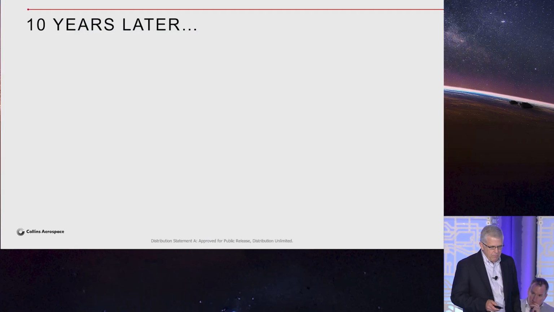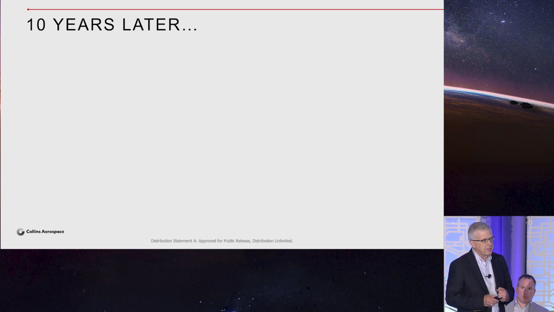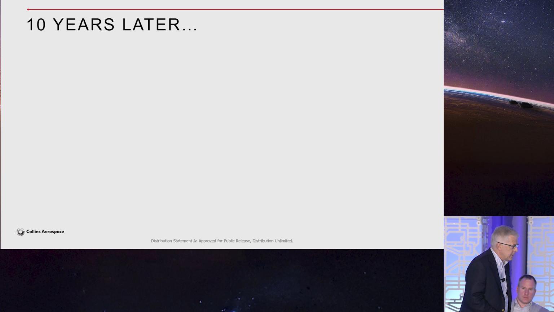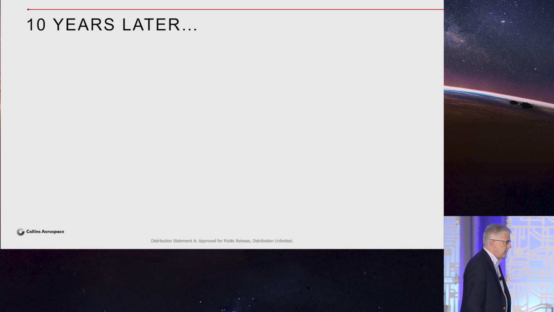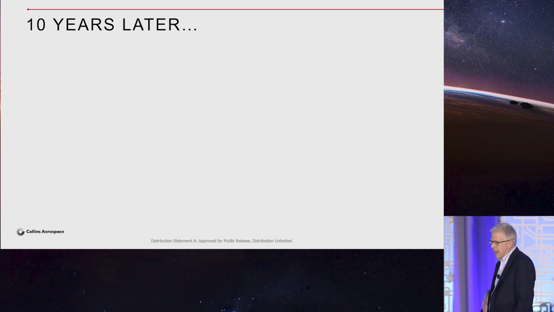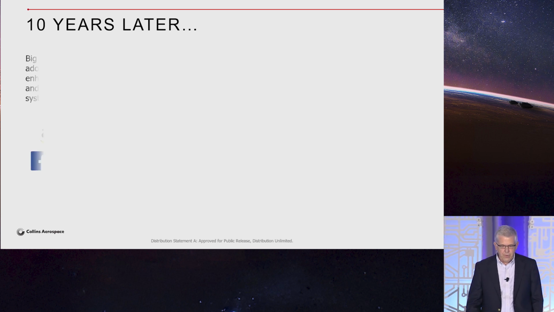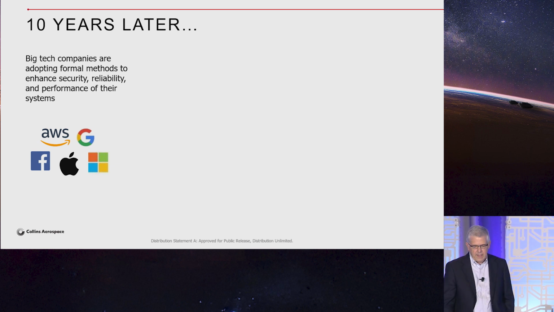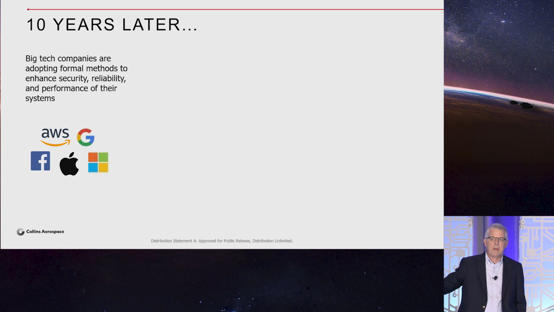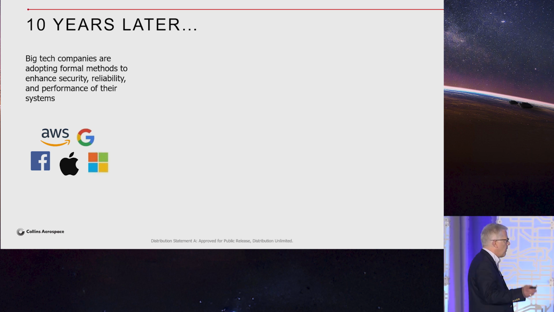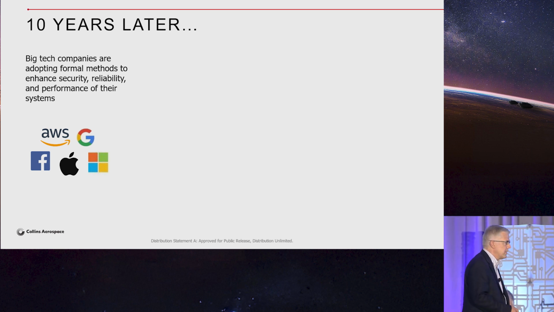Okay, so with the last couple of minutes, let's jump ahead to now, 10 years later. And surely we've been able to take advantage of all of these new technologies in aerospace. And that's sort of true, but actually it's these folks like Mike Hicks talked about at Amazon, who are adopting and using formal methods, tools, and technologies to improve the security and reliability and performance of their systems.